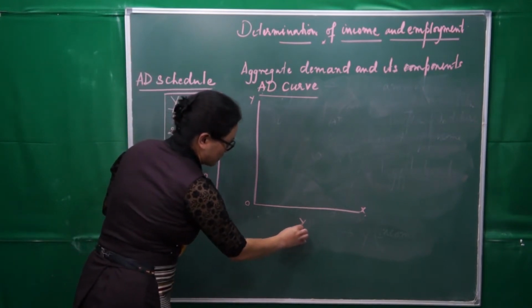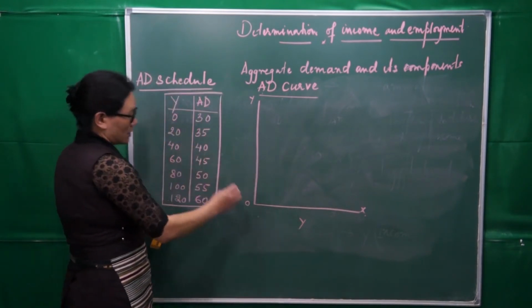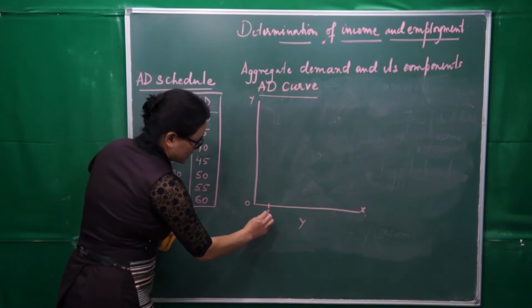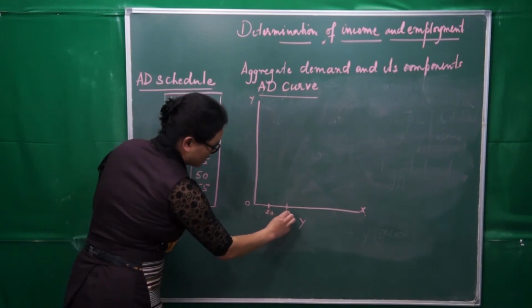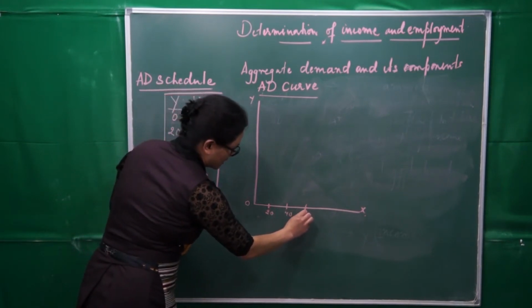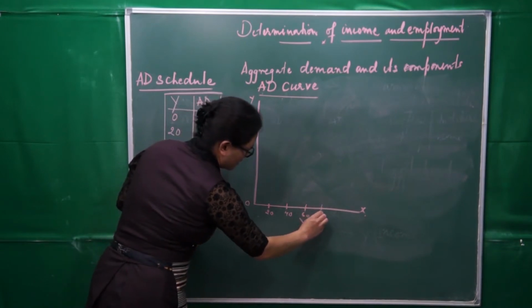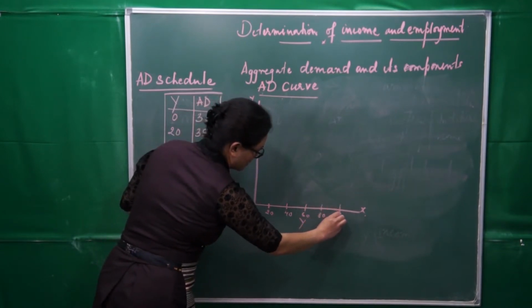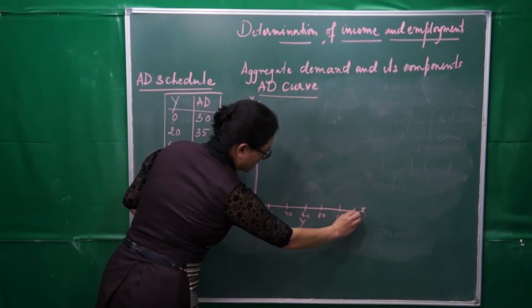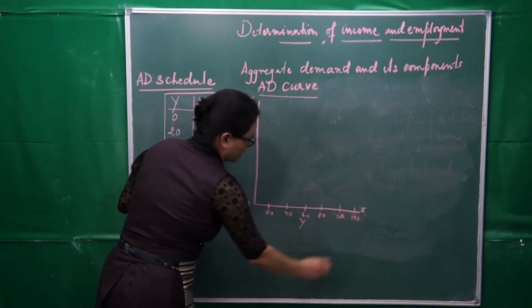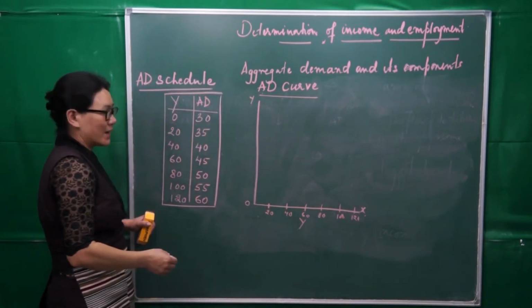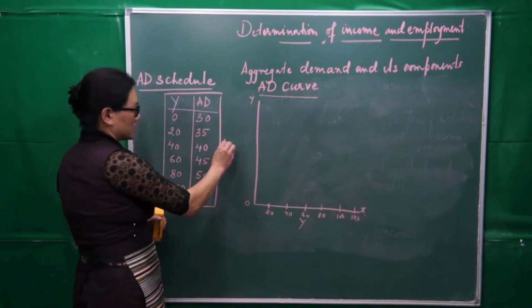Here we will take up income. So we start like this. And on the OY axis, we will take up AD.